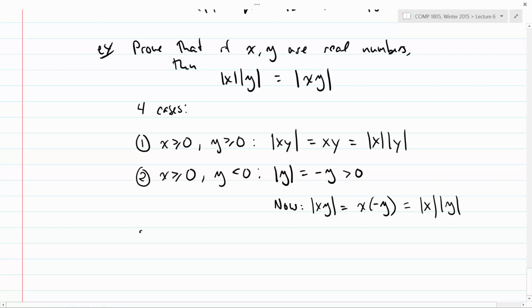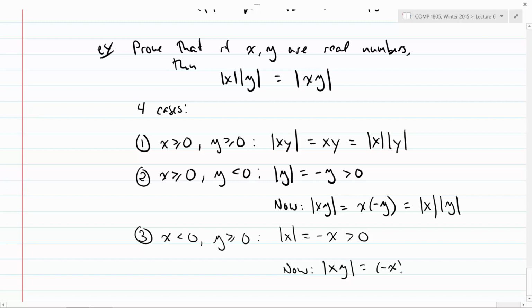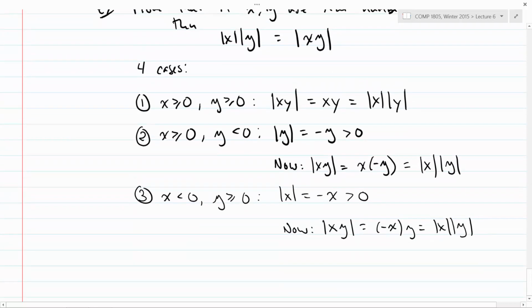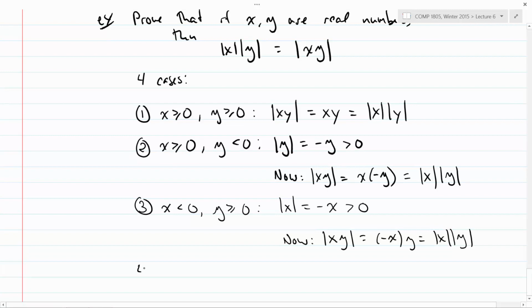All right, case 3 is basically the same, except x and y are switched. In this case, the absolute value of x is minus x, and that's bigger than 0. And we know that the absolute value of x times y is equal to minus x times y, which is the absolute value of x times the absolute value of y. And then the very last case that I have to consider is case 4. And that's when they're both negative.